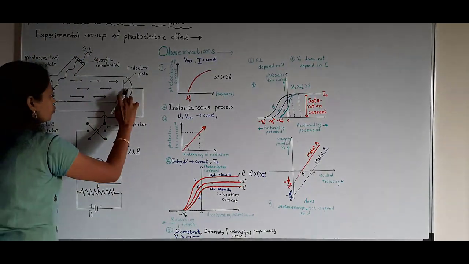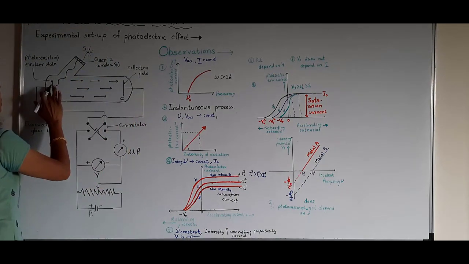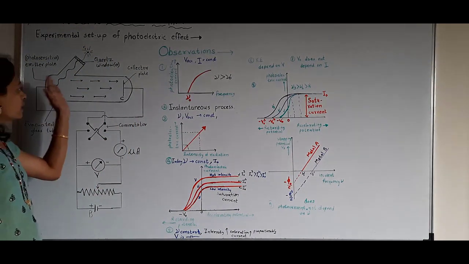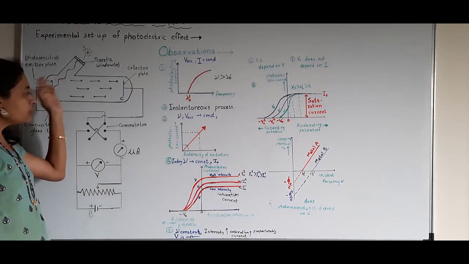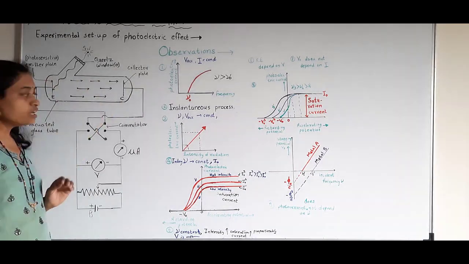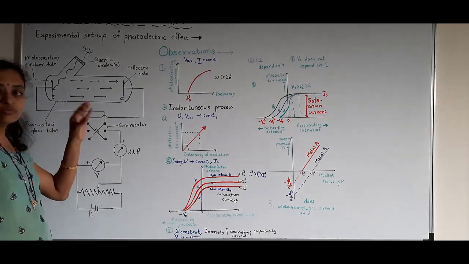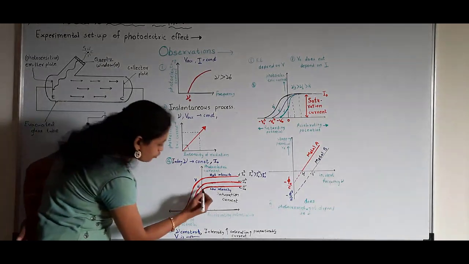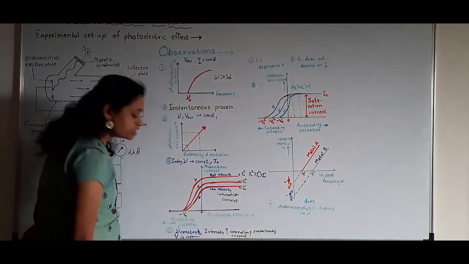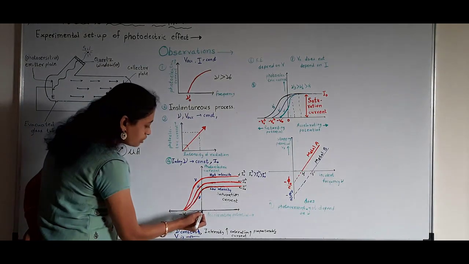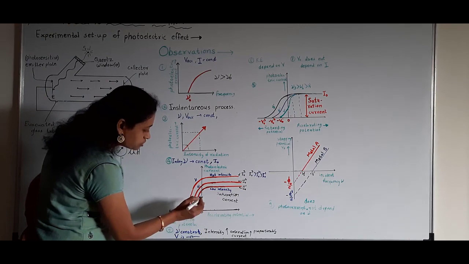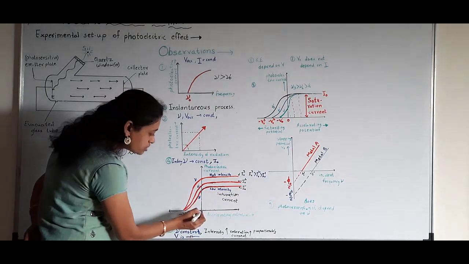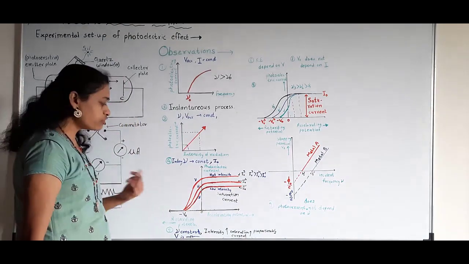As there is no potential difference between emitter and collector, the emitted electrons reach the collector, and some current flows through the circuit. See this point: the collector current, meaning the current flowing through the circuit, is this, but the potential is 0. This is the first step.